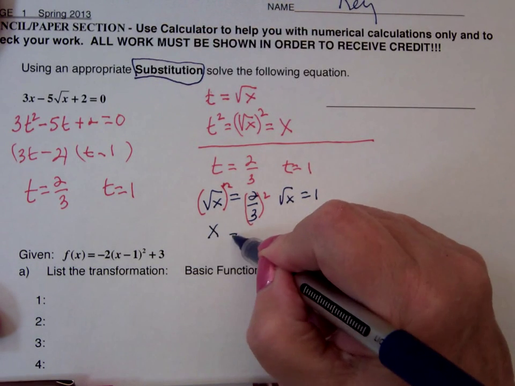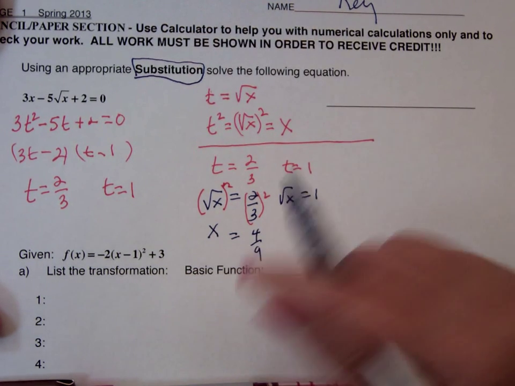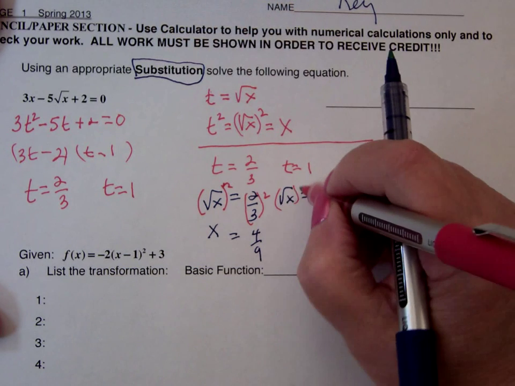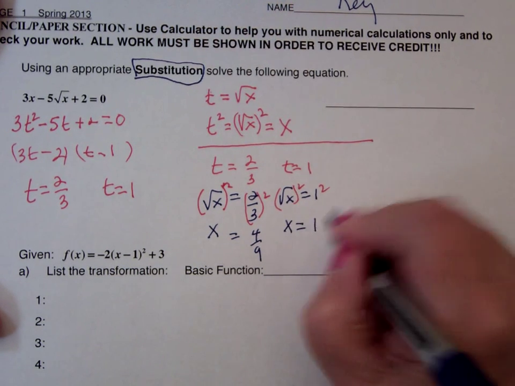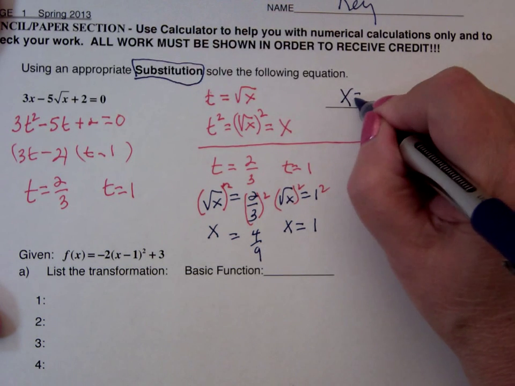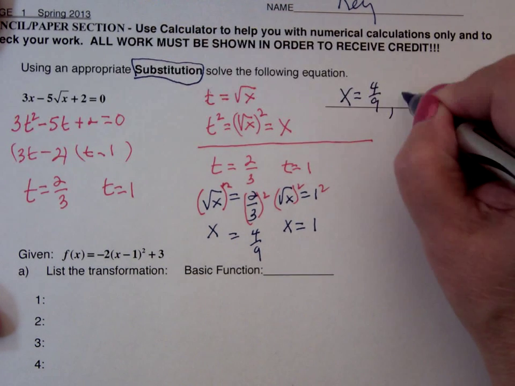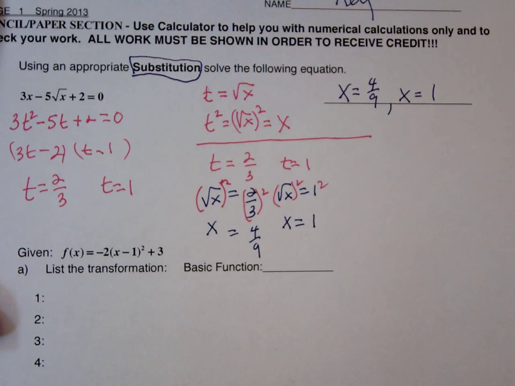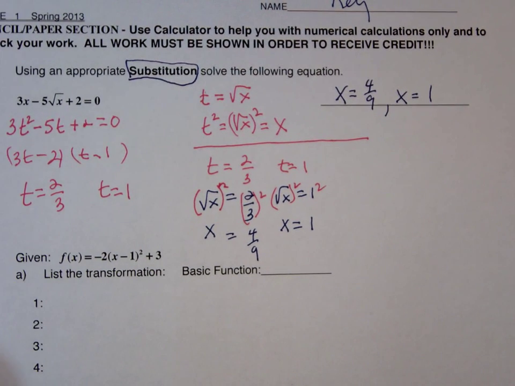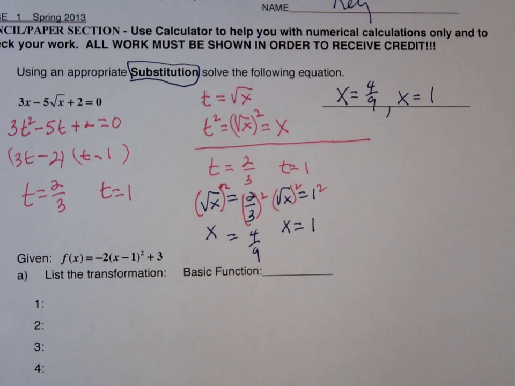So that x is 4/9. Square both sides so that x is 1. So x is 4/9, x is 1. So the key word is going to be substitution, and you look to make an appropriate substitution.